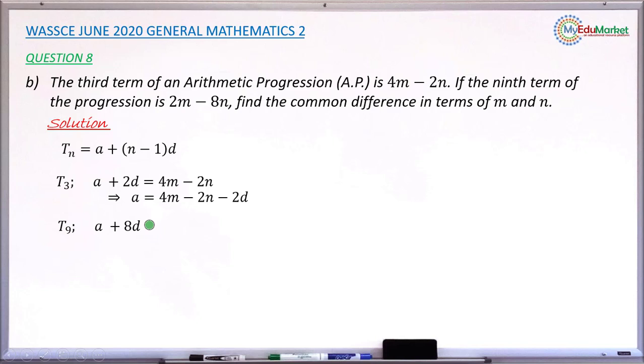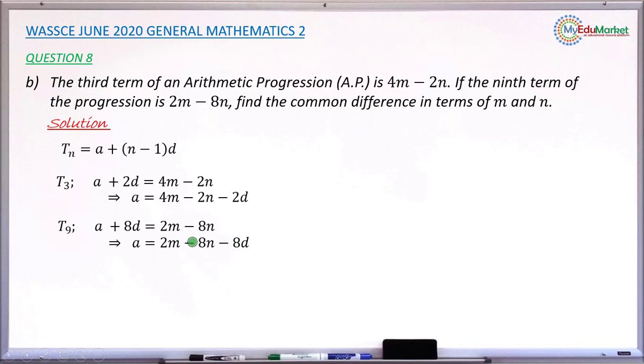Therefore, A plus 8D equals 2m minus 8n. Also making A the subject of the formula, that is getting an expression for the first term of this AP, you now have 2m minus 8n, and this 8D shifted to the right becomes minus 8D.